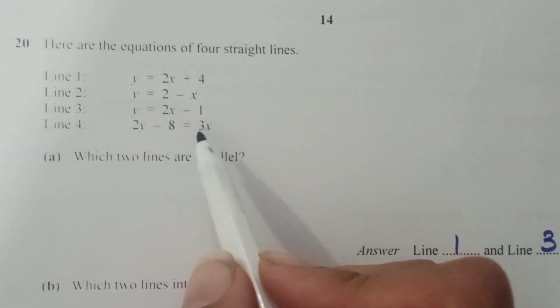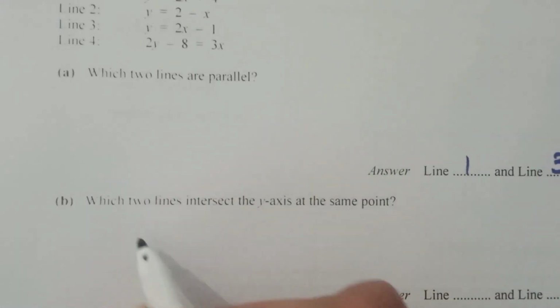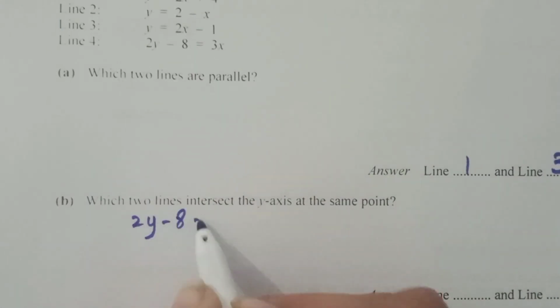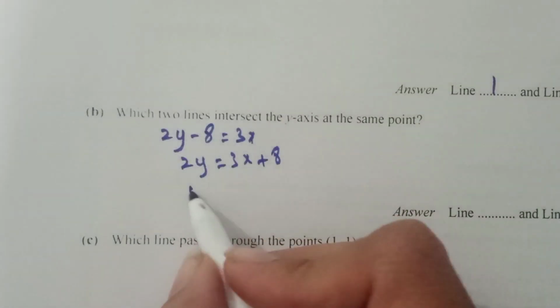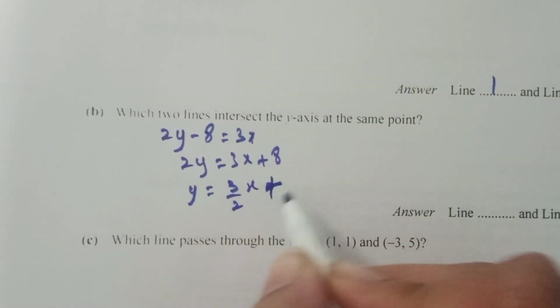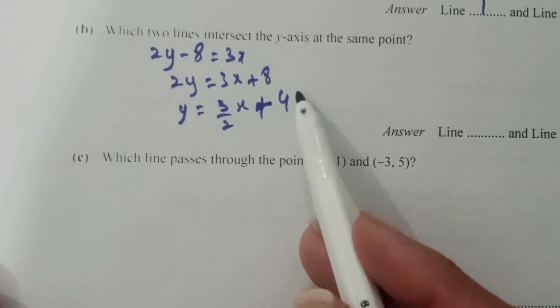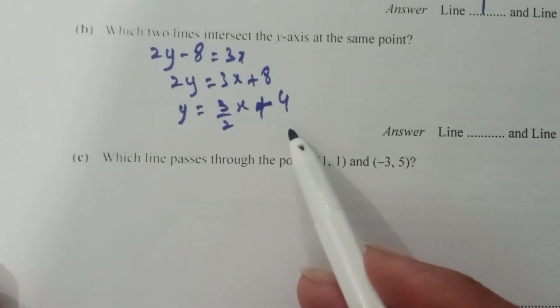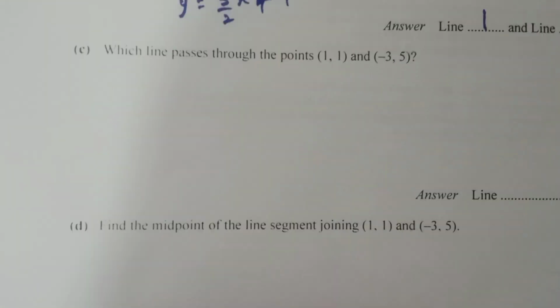We have to first write it in an appropriate way, like that: 2y minus 8 equals 3x. We divide the equation by 2 and we get plus 4. We see that line 1 and line 4 have the same value of c, 4. That's why we write there line 1 and line 4.